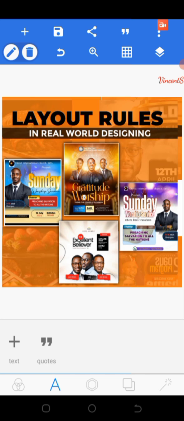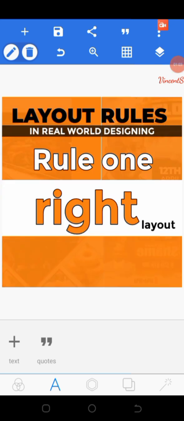And let's just look at them one by one, from the first layout law to the fifth one. Shall we begin? Okay, so the first layout law, the number one rule, we have the right layout, okay?